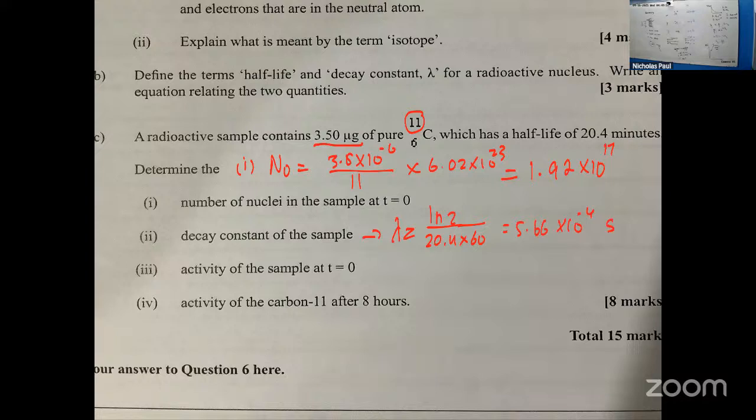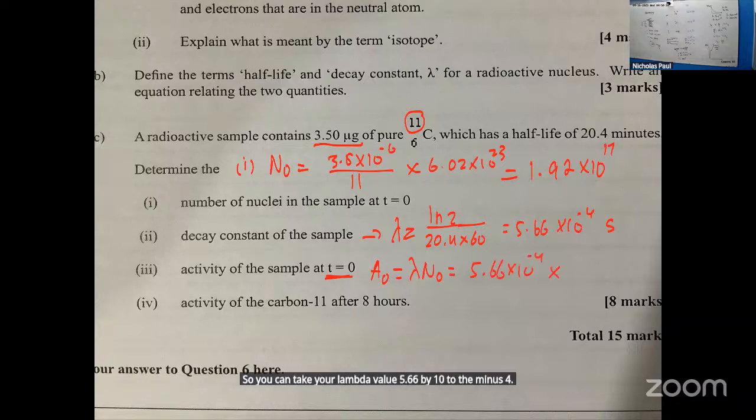We want the activity when t is 0, so we can use A naught is equal to lambda N naught. Take your lambda value, 5.66 by 10 to the minus 4, and multiply it by N naught, 1.92 by 10 to the 17.